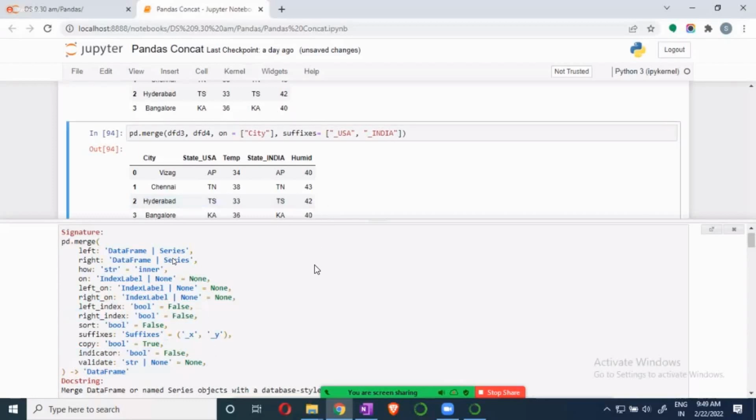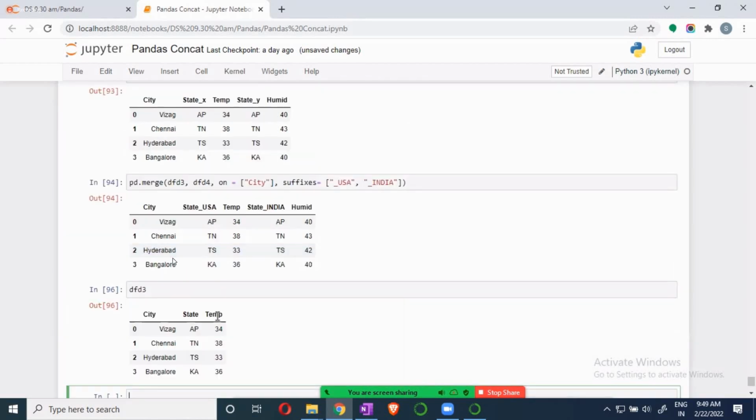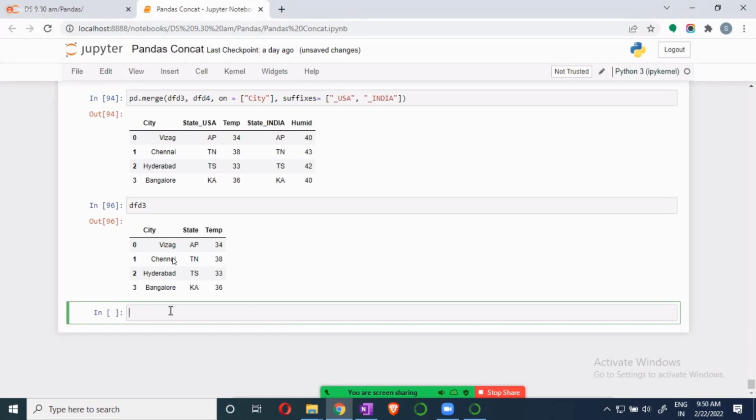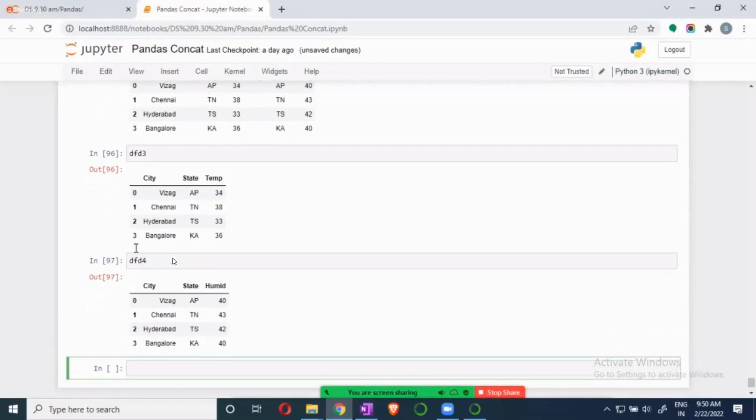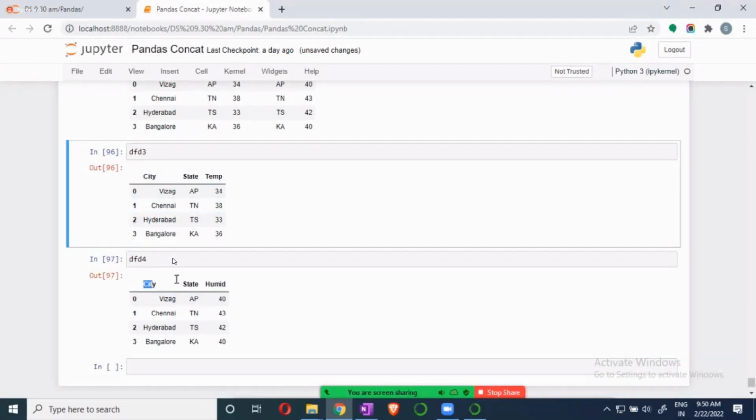Now let me show you over here. If I'm having DF D3 and DF D4, both are having common columns. This one is having one common column. This is also having two common columns.